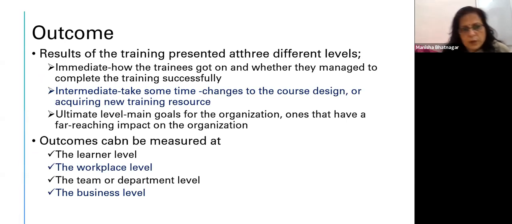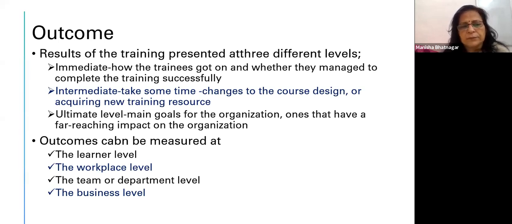And O stands for outcome. So output or outcome. Actually, results of the training are presented at three different levels for the outcome. Immediate, that is the reaction level, for example, of Kirkpatrick: how the trainees got on and whether they managed to complete the training successfully. Intermediate takes some time. After some time, changes to the course design or acquiring new training resources.